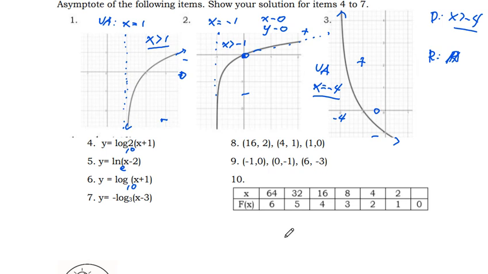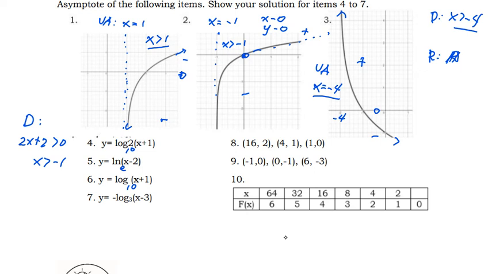Yes, okay. 10 to the power of y is equals to 2x plus 2. So, ang una nating titingnan, ang 2x plus 2 must be greater than 0. Therefore, x is greater than -1. No? So, x must be greater than -1. That is our domain. And our range are all real numbers pa rin.